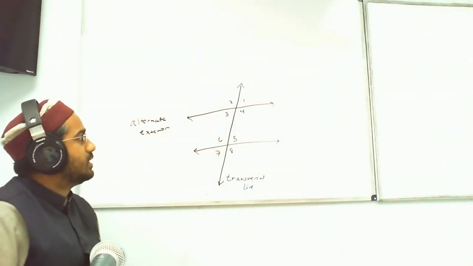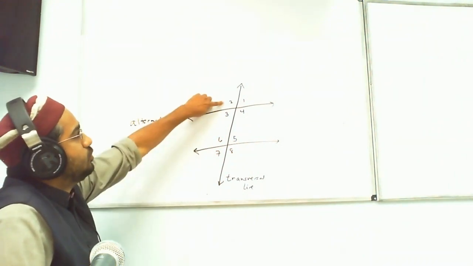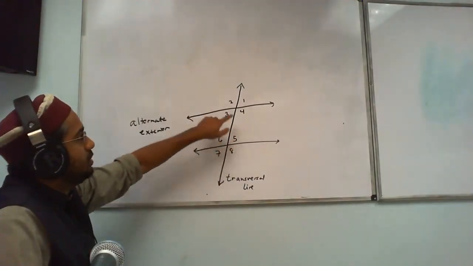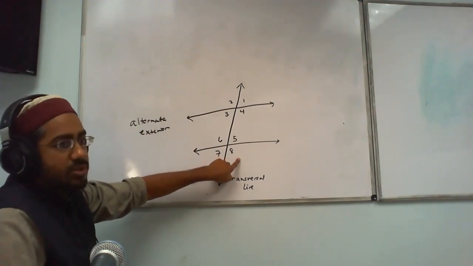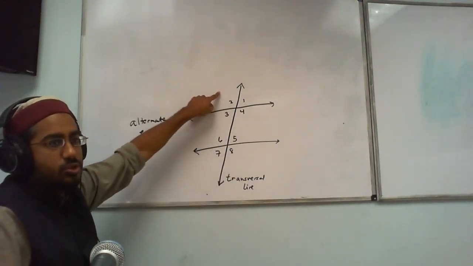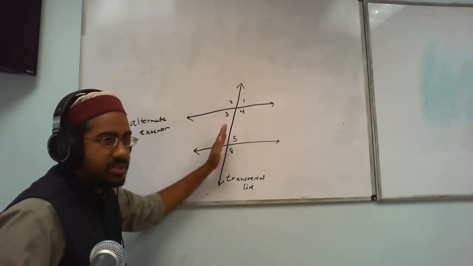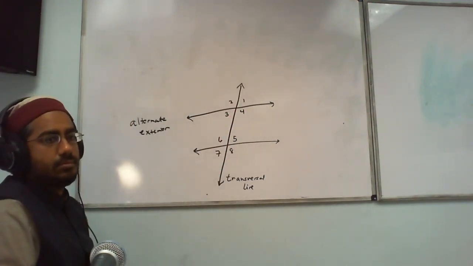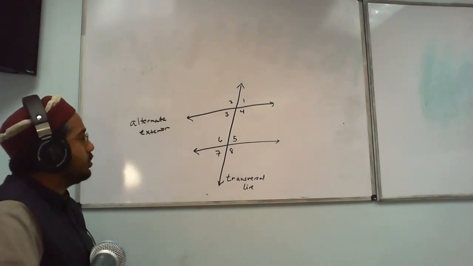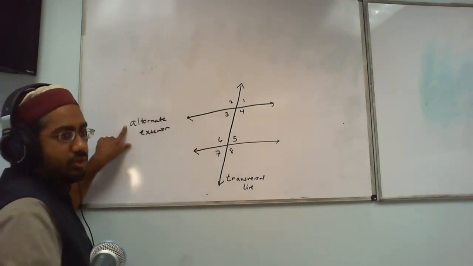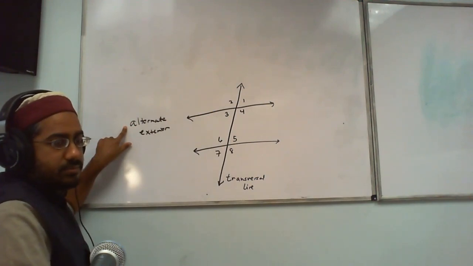Interior angles, okay? Now, 2 and 8. What's the relationship between 2 and 8 in comparison to this transversal line? Are they on the same side or opposite side? Opposite side, right? So if they're on the opposite side, they're called alternate angles.